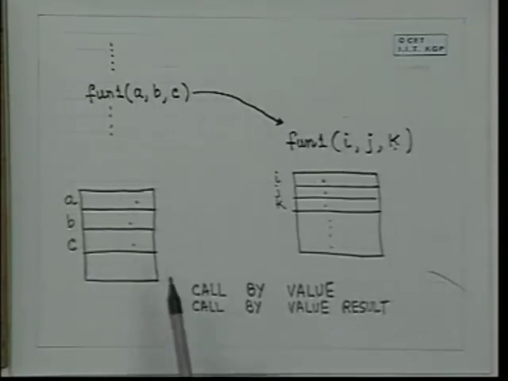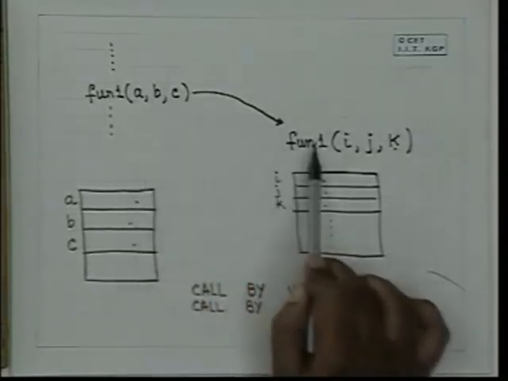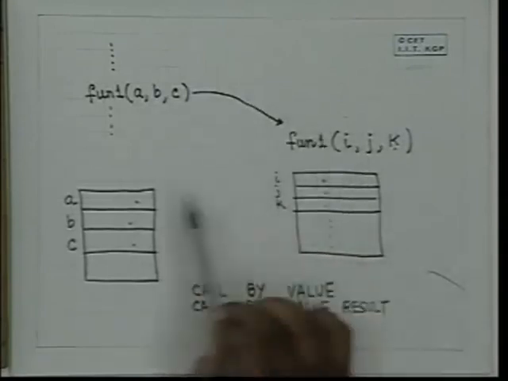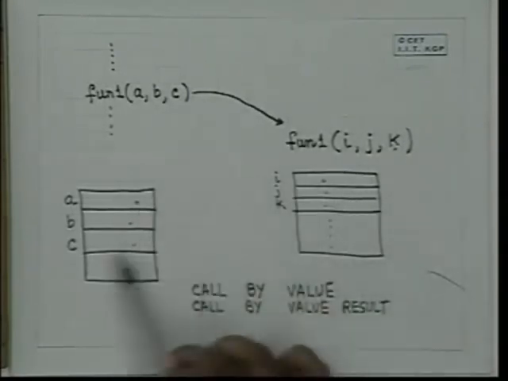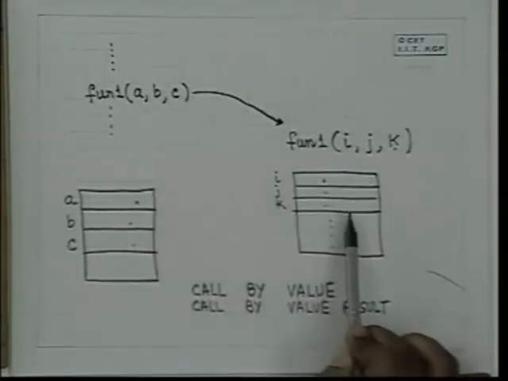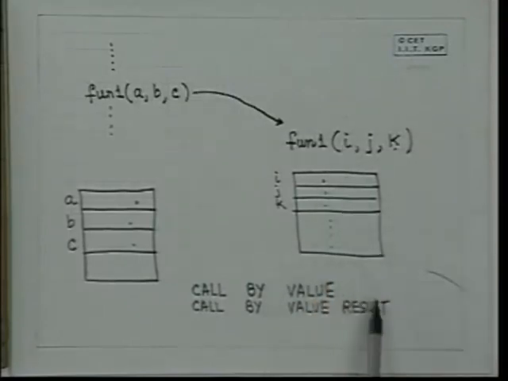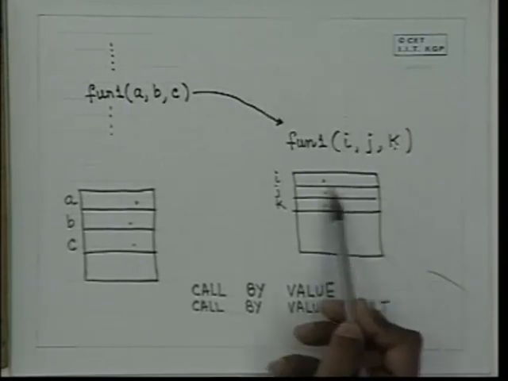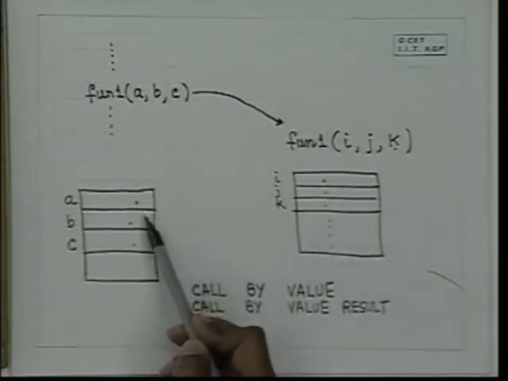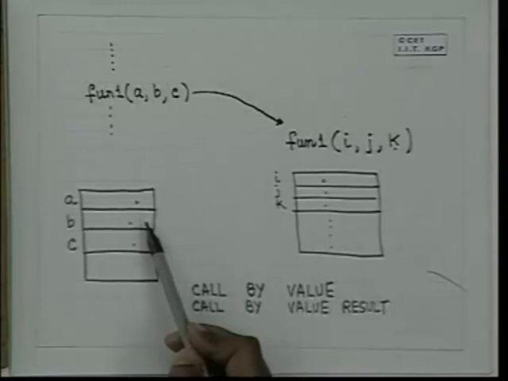What this does is, when the function is called, it copies the parameters, arguments, executes this function, and after the execution, before deallocation, it copies the new values back. So that is called call by value result.